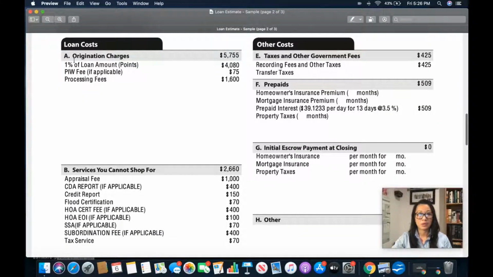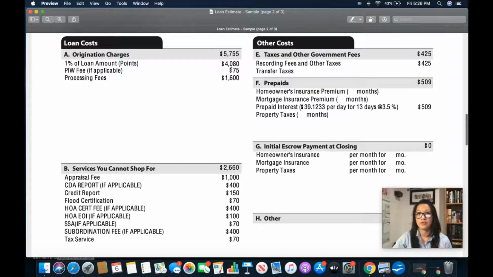So we're going to focus mainly on Section A to look at lender's costs, which is categorized right here. When you're shopping lenders and you want to know if lender A or lender B has better fees, all you would have to do is look at the interest rate, and then look at their fees in Section A. The processing fee goes to the lender, and then the point, and I'll show you how to calculate in a second, is roughly the commission that goes to the specific lender.